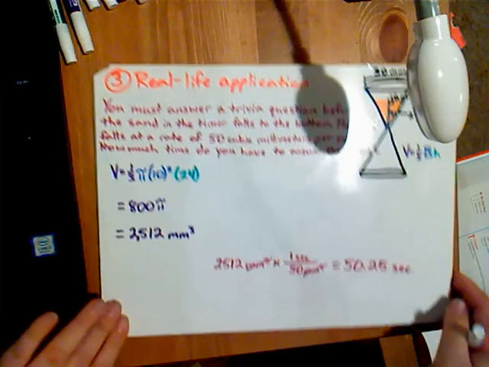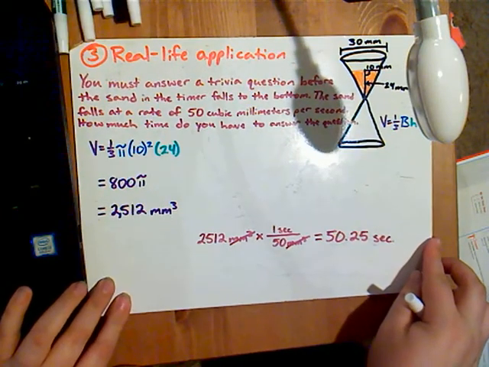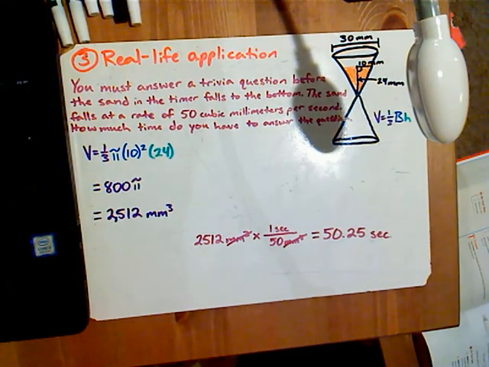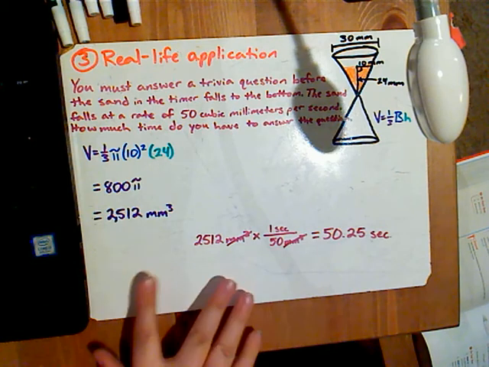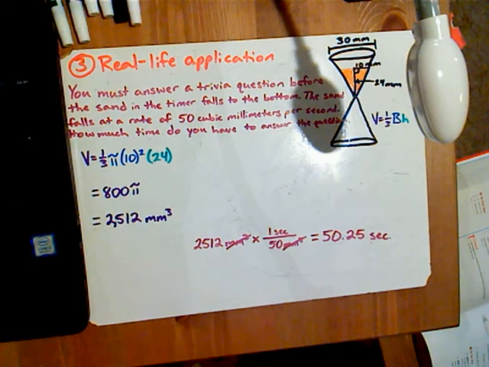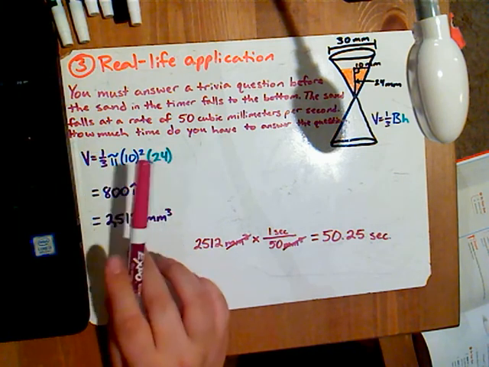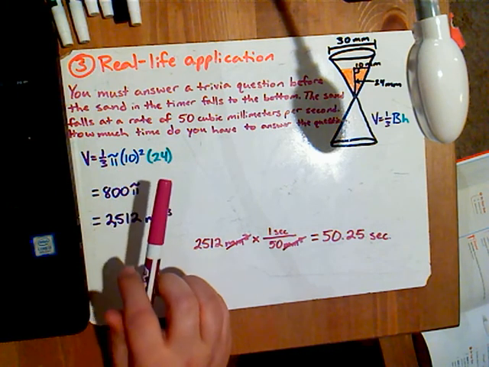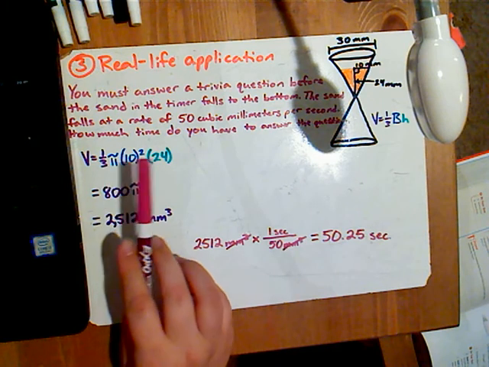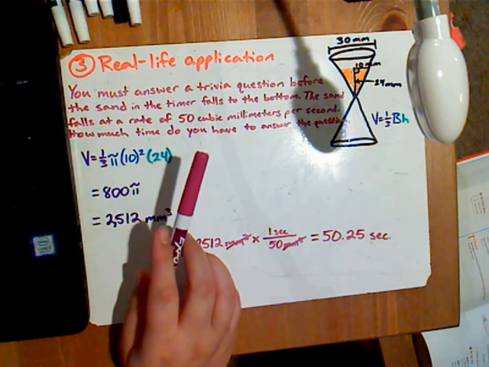And for our final problem, we're going to do a word problem. With this word problem, you must answer a trivia question before the sand in the timer falls to the bottom. The sand falls at a rate of 50 cubic millimeters per second.